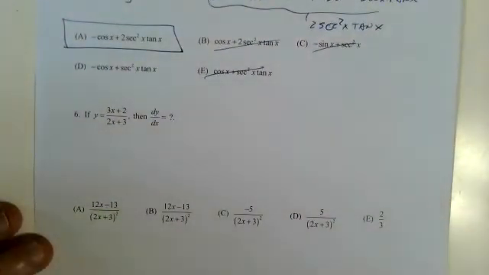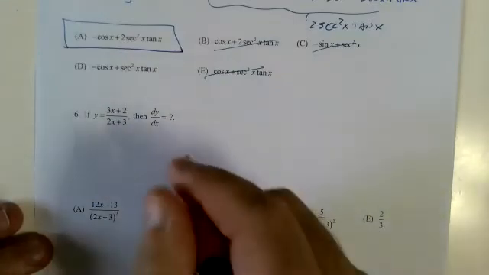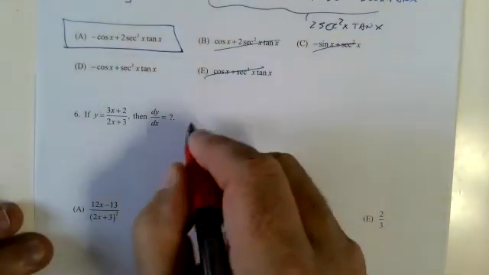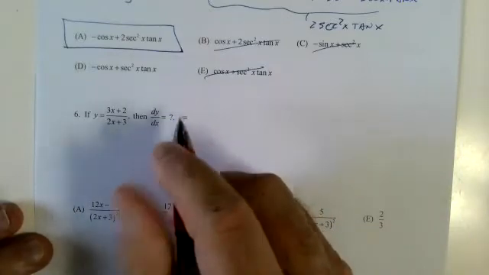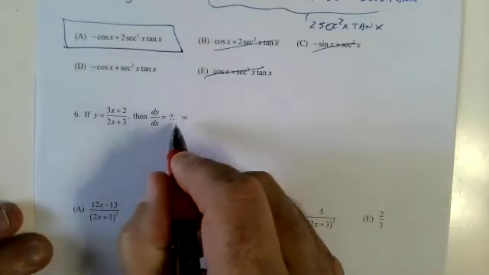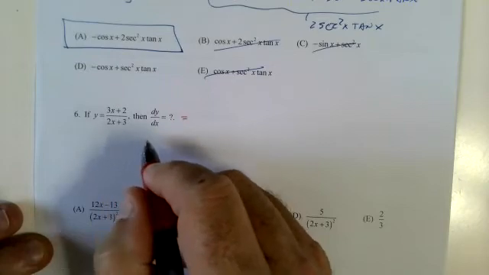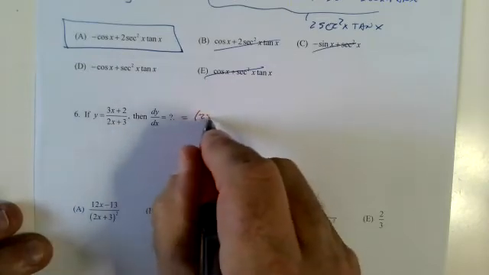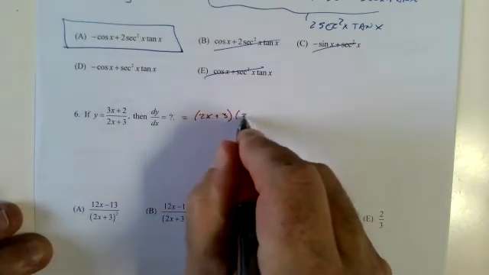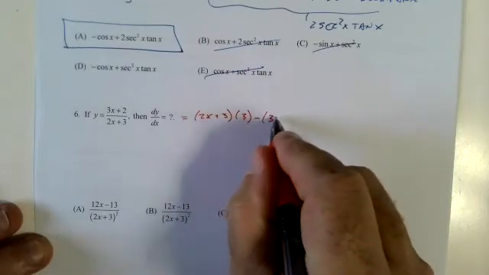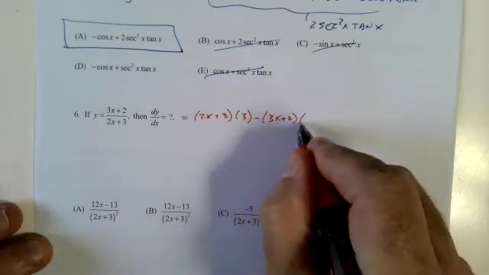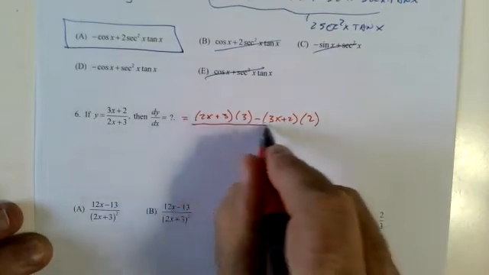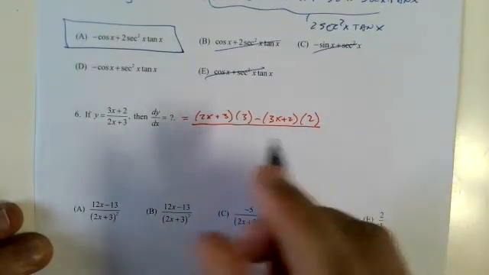And if y equals all this nonsense, we've already done this, fun times. Could be that, but I highly doubt it. dy/dx equals low d high minus high d low over low squared.